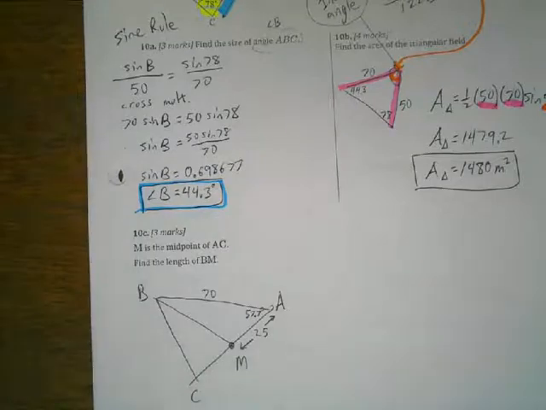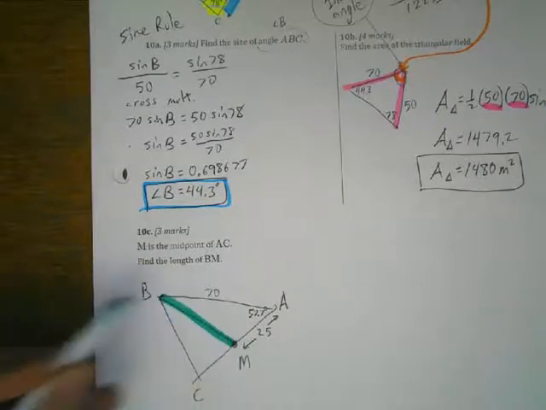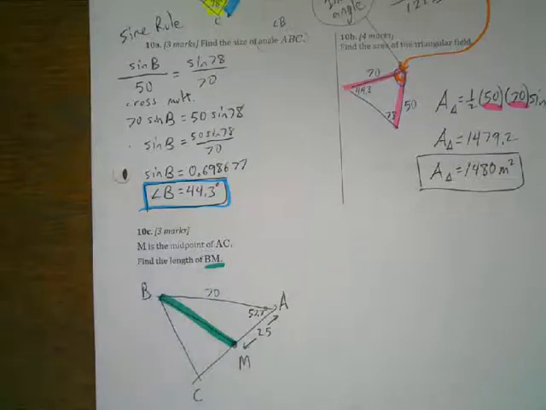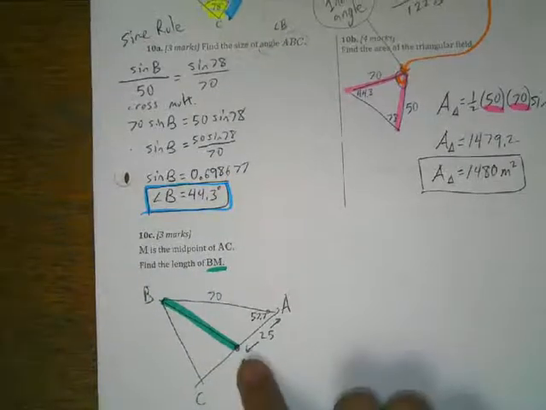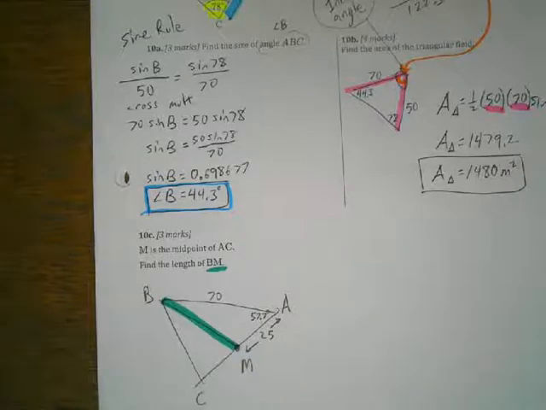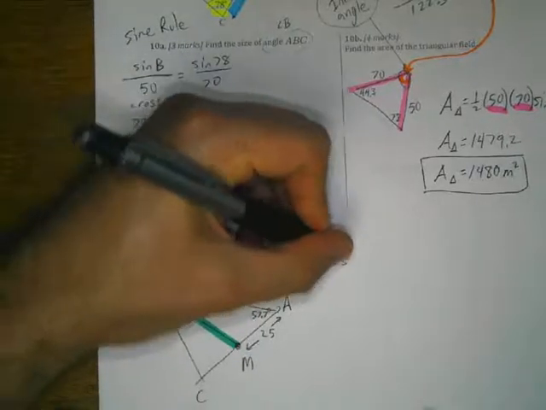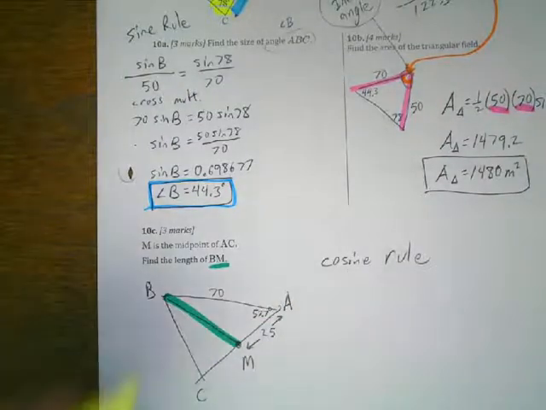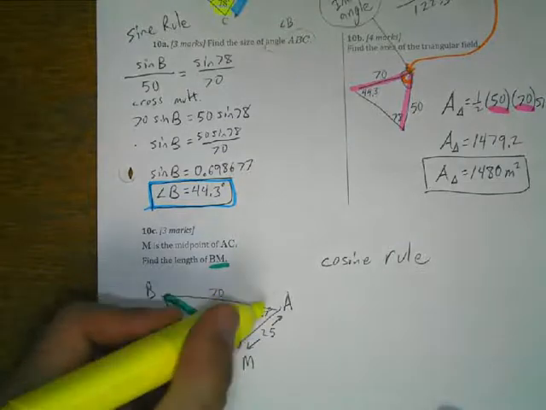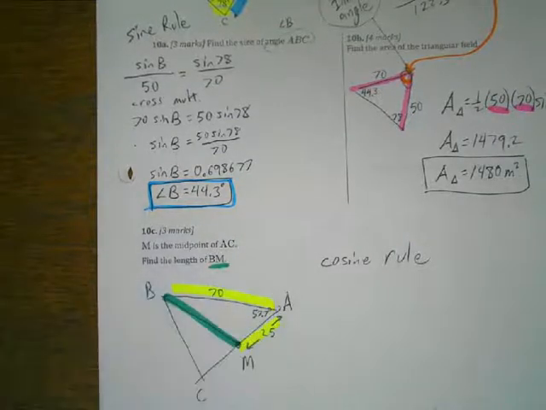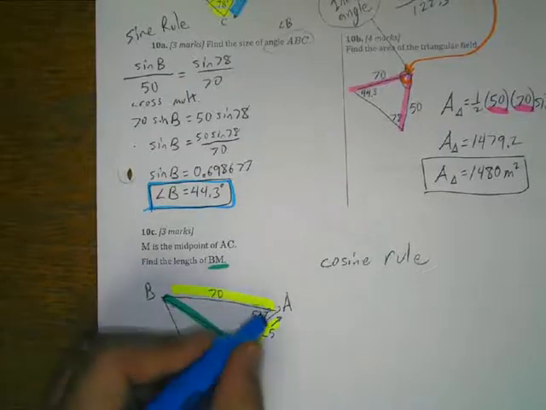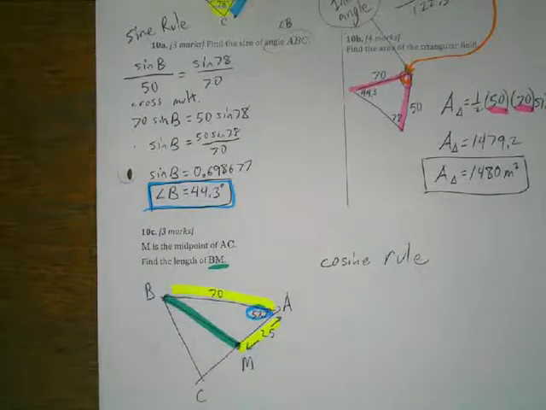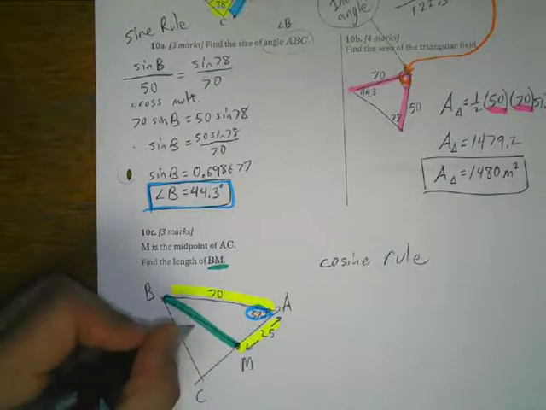And we want to find the length of BM, the green line. So in order to do that, we're going to use the law of cosine rule. And I'm going to use these two sides and the included angle. So let's just call that x, right?